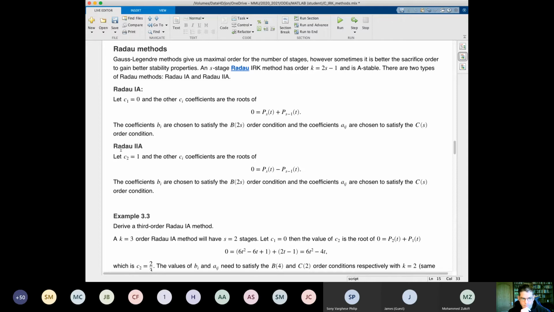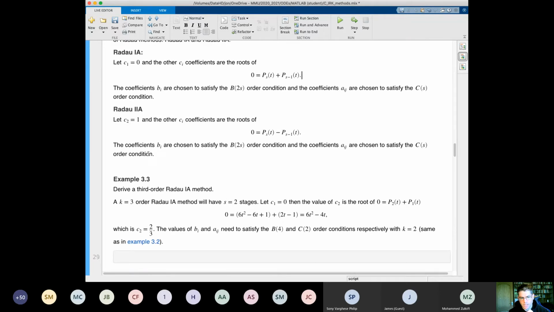For the second type, the C coefficients are roots of Ps minus 1. So the first type we add them together, the second type we subtract them. And the B and A coefficients are calculated from the B and C order conditions respectively.